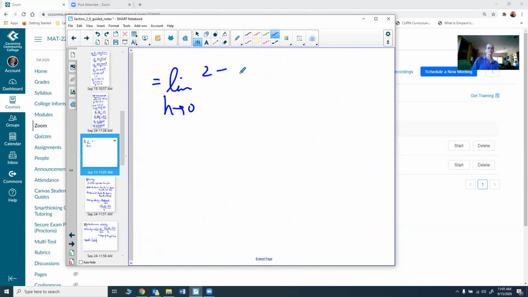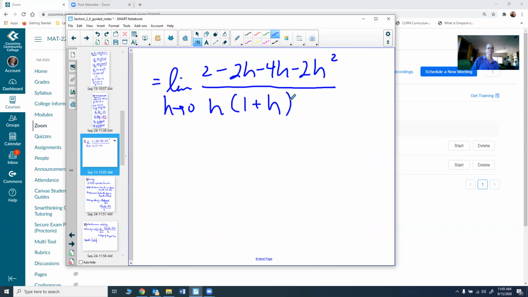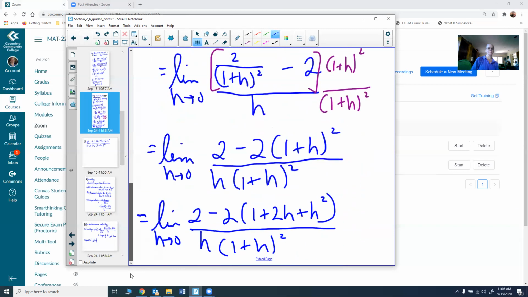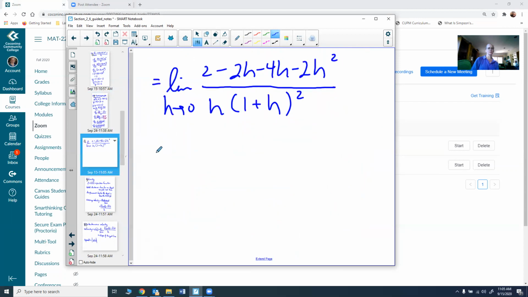So we're going to have minus 2 minus 4h minus 2h squared, when I take that negative 2 through, all over h times 1 plus h squared. Remember, that was everything we had. Don't lose the limit symbol because we haven't done it yet.